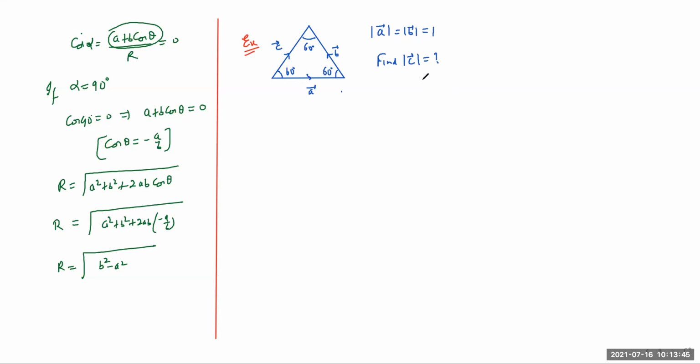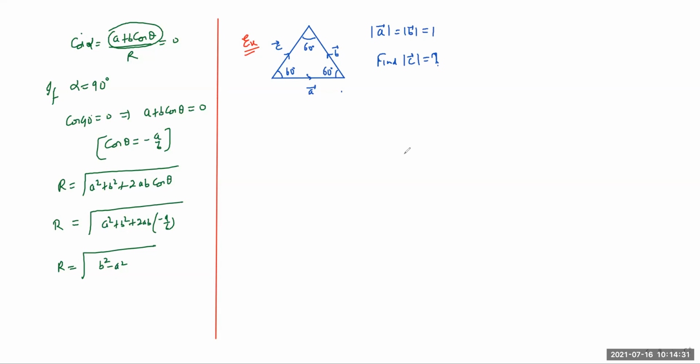So if A and B are equal to 1, what is the length of C? Tell me guys, what is the length of C? A length is 1, B length is 1. So what is the length of C?